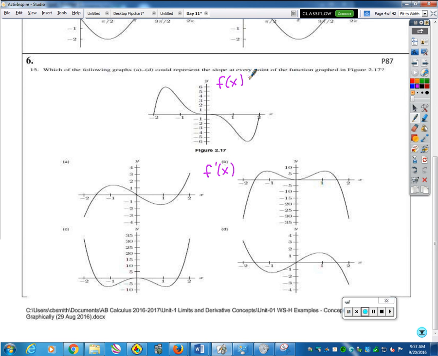So watch for that. All right, first thing I like to do is I look at F and identify all the places on F where the tangent slope will equal 0. So a little chart here.